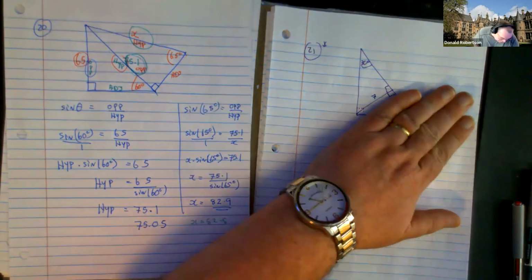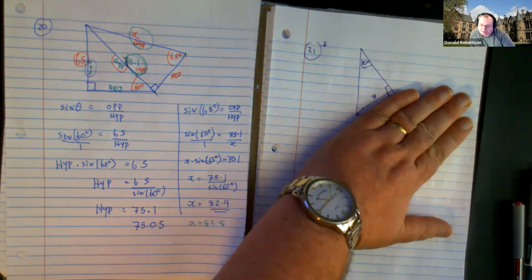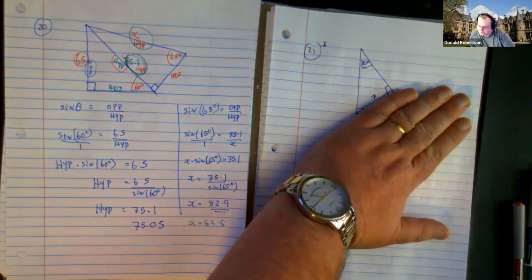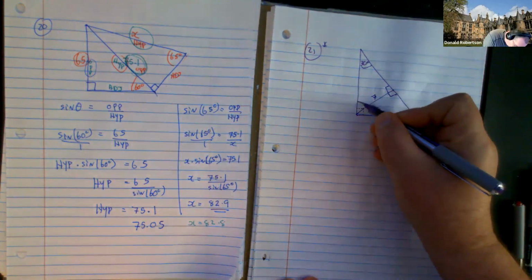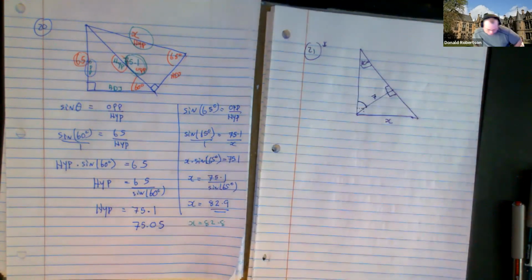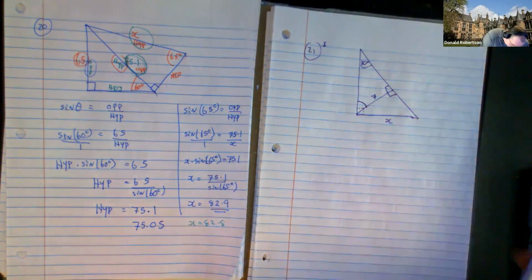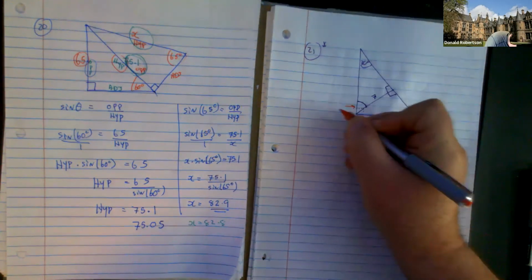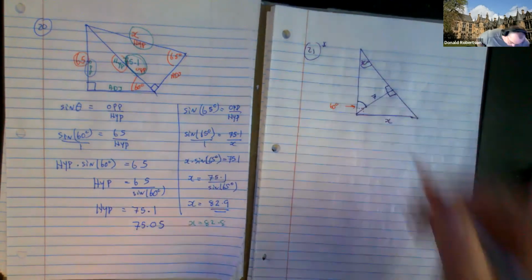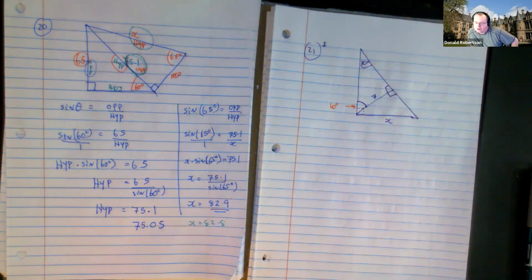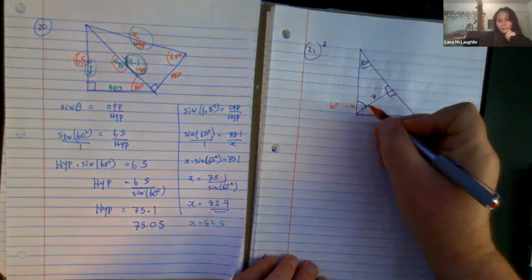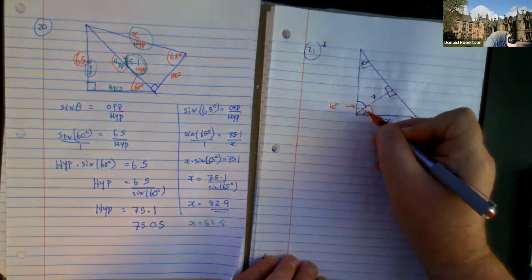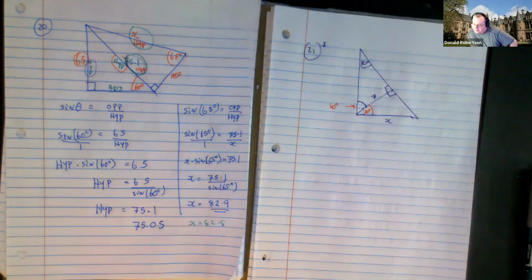So if you focus on this top triangle up here, why am I going to find this angle, which happens to be 60 degrees? What am I going to use it for? So that you can find the angle of the other triangle. And that ends up being 30 degrees.